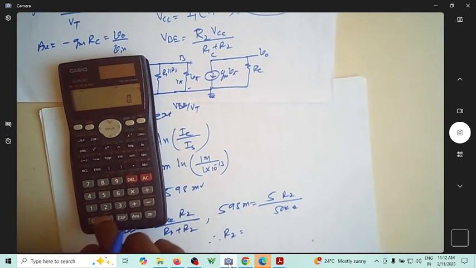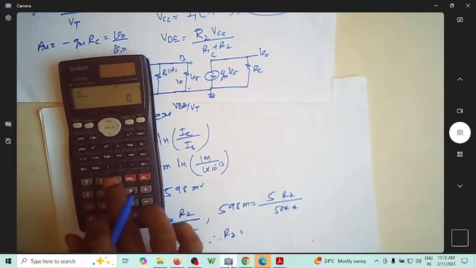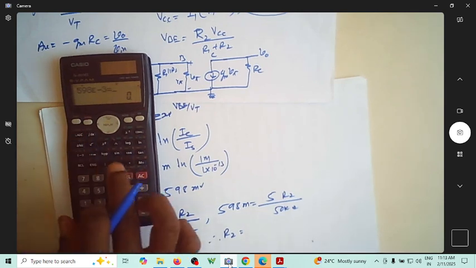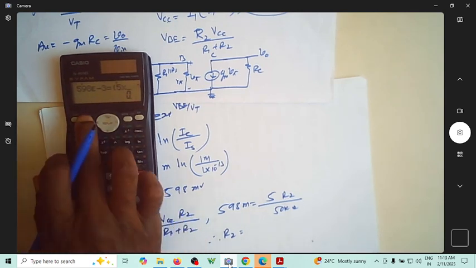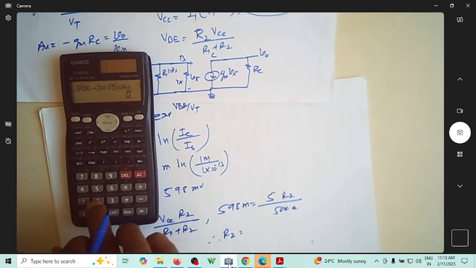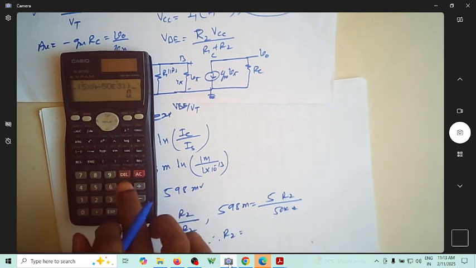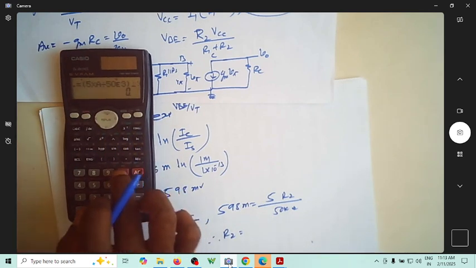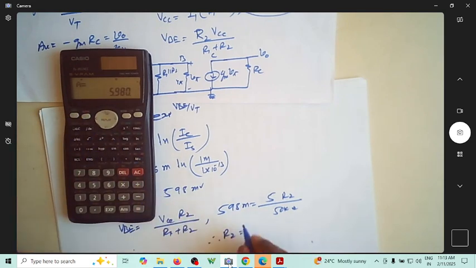It is 598 times 10 power minus 3 into 50 kilo divided by 5. Now R2 comes out to be 5.98 kilo ohm.